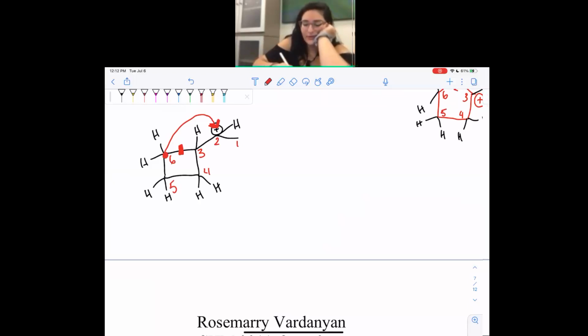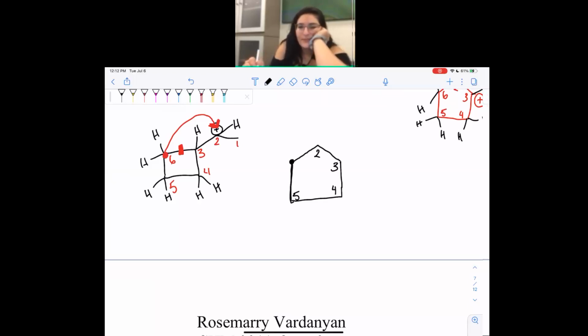So I'll start drawing from carbon 6. Carbon 6 is attached to carbon 2 now. Carbon 2 is still attached to carbon 3. Carbon 3 is attached to 4. 4 is attached to 5. 5 is attached to 6. Carbon 2 has carbon 1 coming off of it.